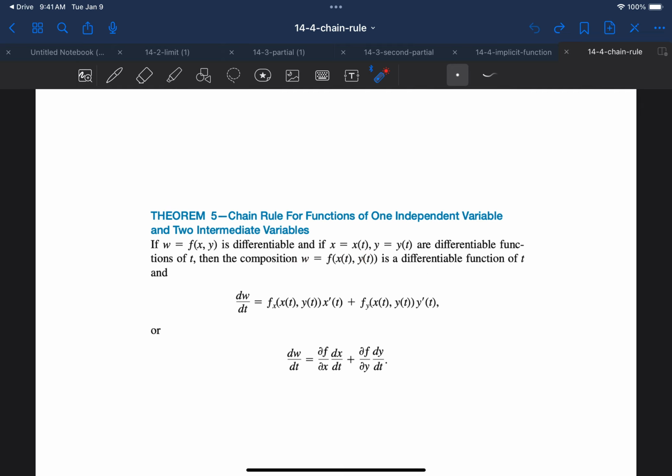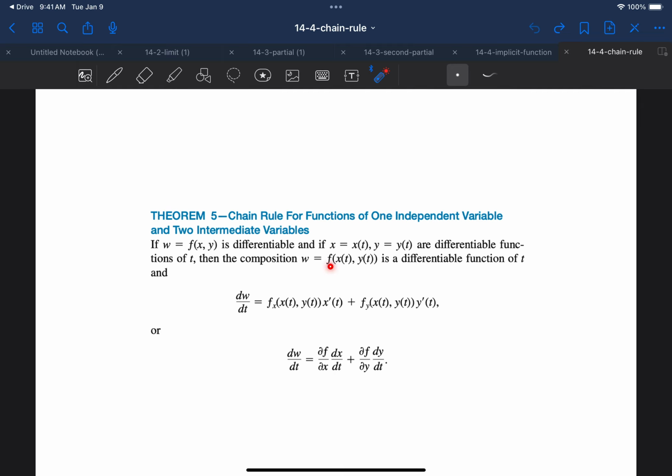If I give you a number t, then you can plug in, find x of t and y of t separately, and then put them into f and find w. So at the beginning you give one number t, and eventually you get an output w. So w is a function of t, but it's provided by composition of a two-variable function and single variable functions.